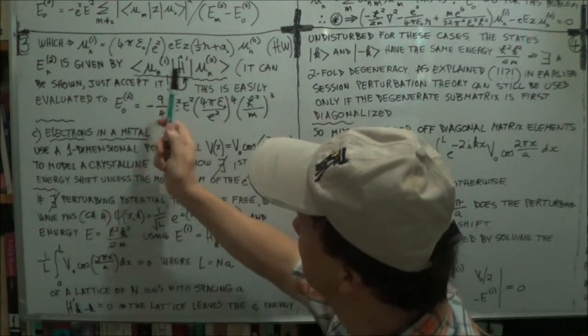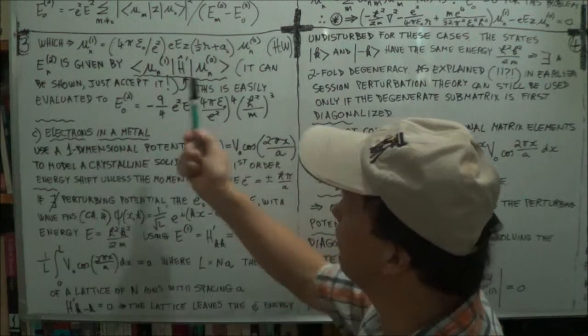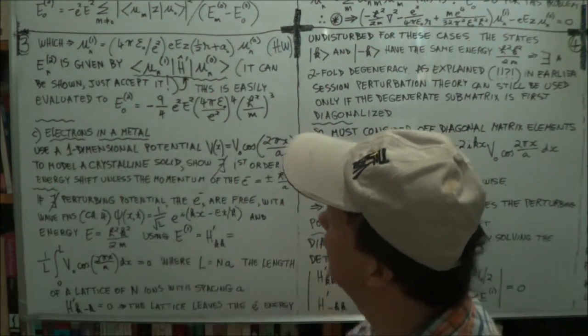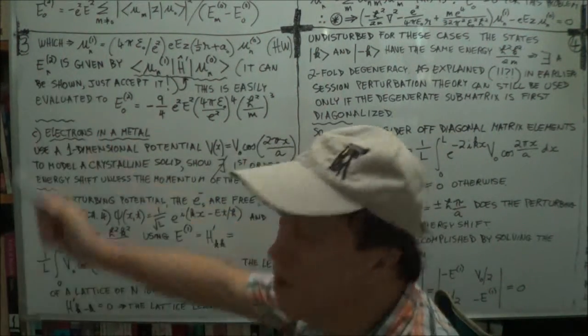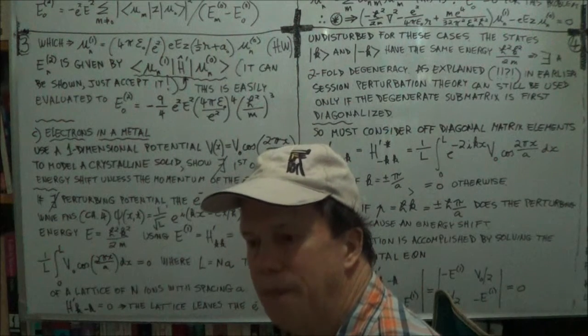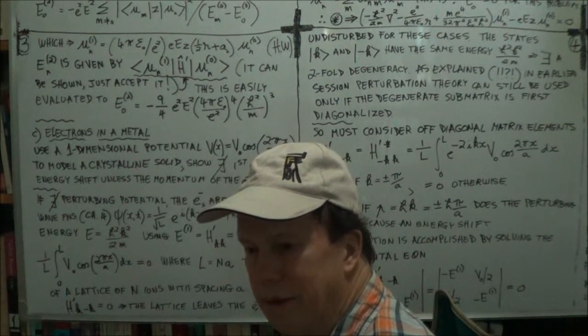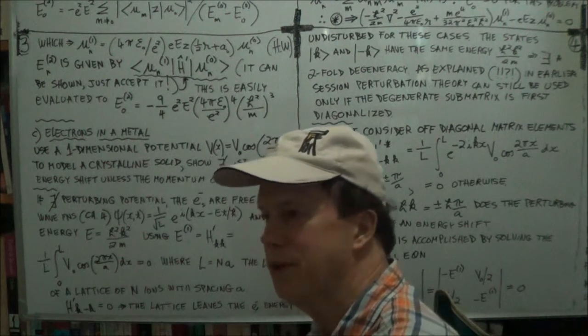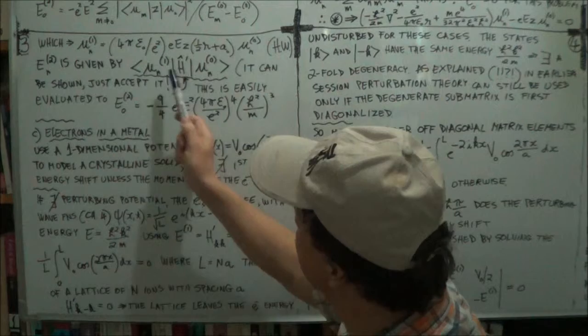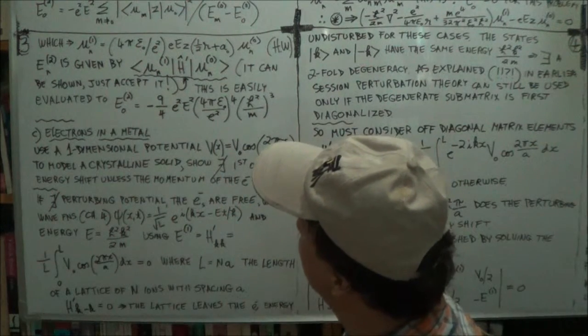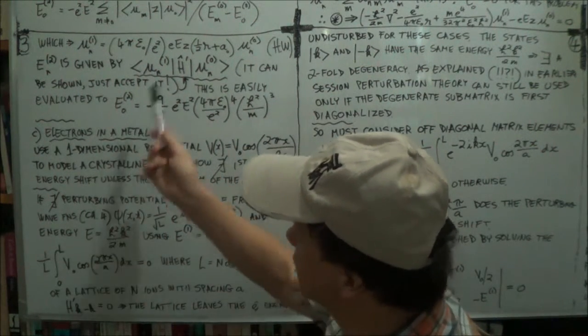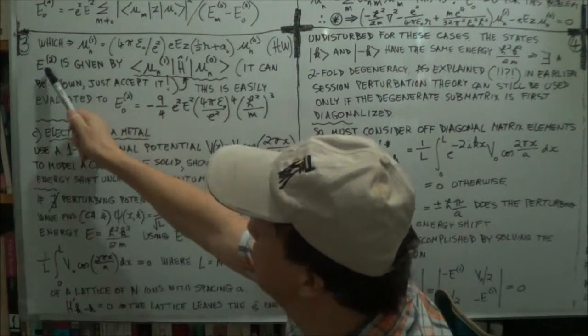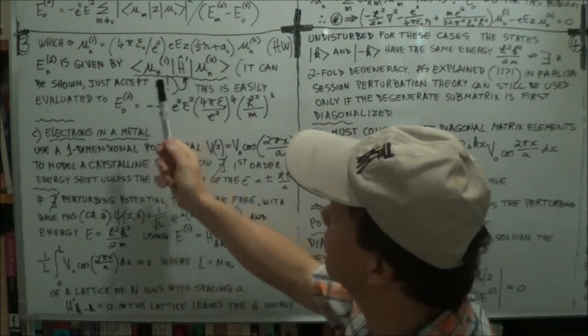So you just accept it. You can try to derive it if you like. It's E2, so you may be able to expand out to second power in lambda squared, and see if you can find this. You can try that if you like. So it's just thrown at you in the text that E2 is of this form, with a 1 here.